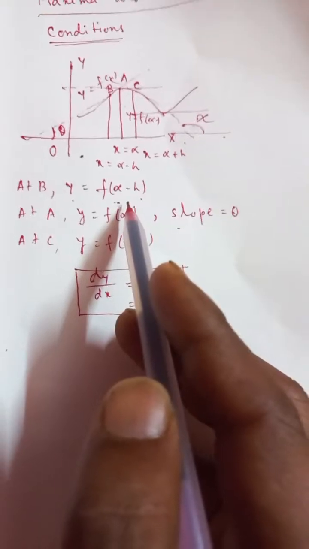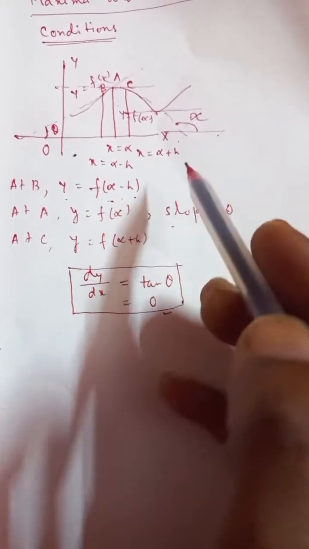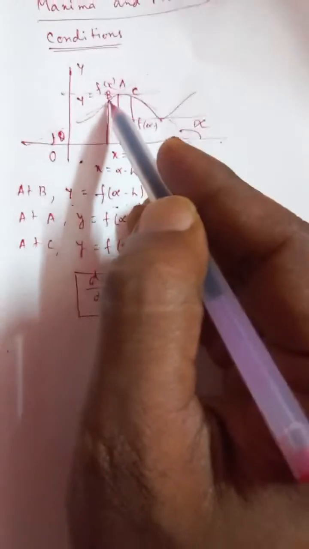At the maximum point, the slopes are decreasing slowly.